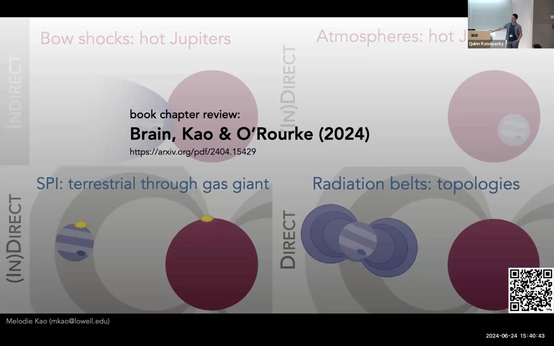Hot Jupiters are a really special, interesting case. What I did not have time to get into here is that you do need to have a fairly low density of plasma. If the plasma is too dense, then the radio emissions from the aurora can't actually propagate out. There is some modeling out there from 2018.